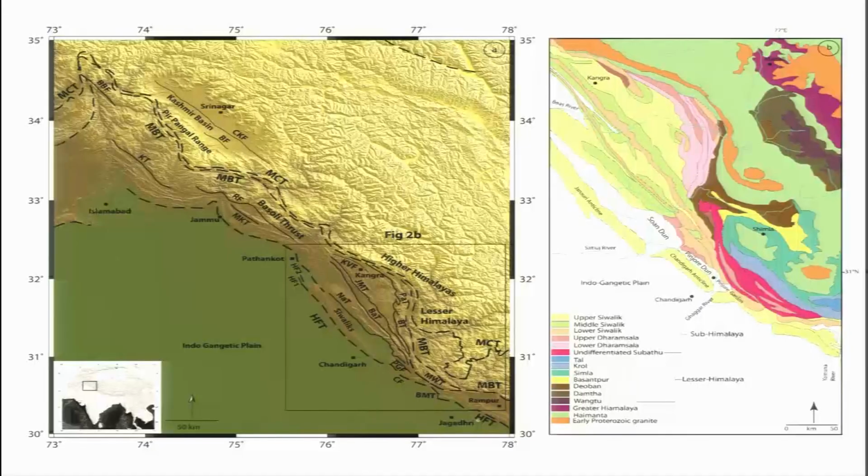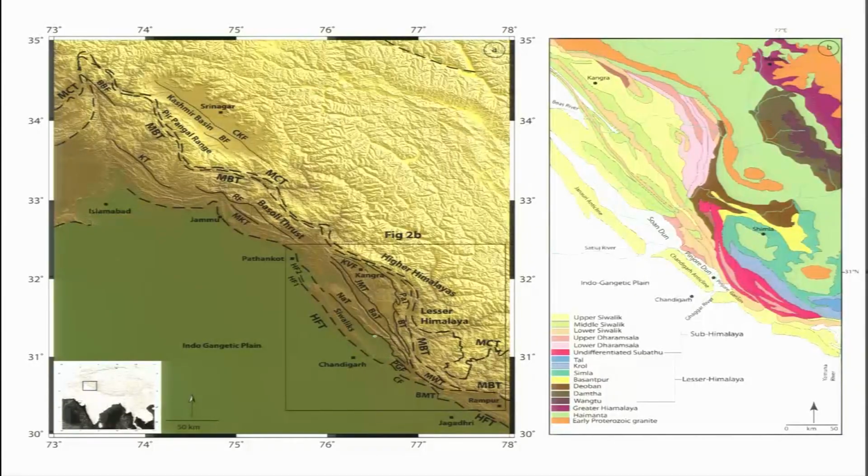This area falls close to Chandigarh, where we have a very prominent Himalayan frontal thrust fault line, along with another imbricated fault system seen between the MBT and HFT. MBT is your main boundary thrust. This area is Chandigarh and Pinjore Doon.